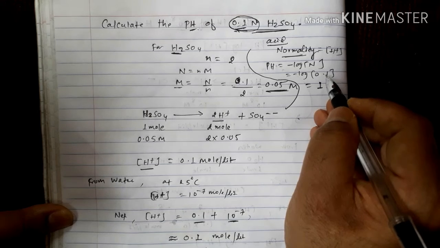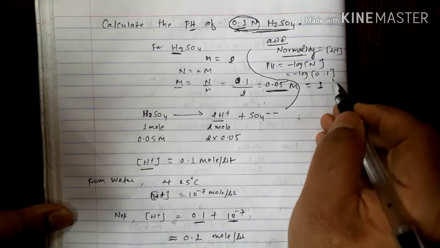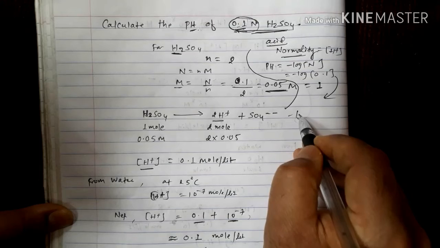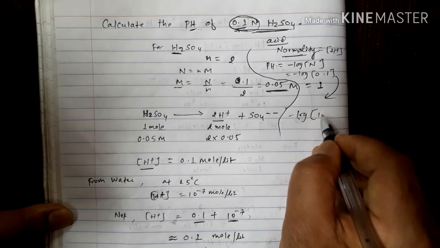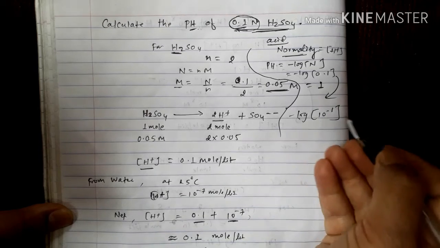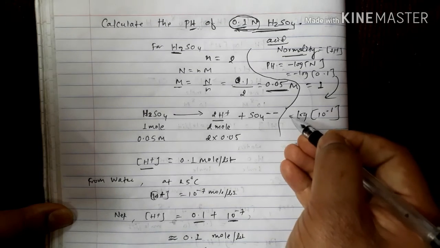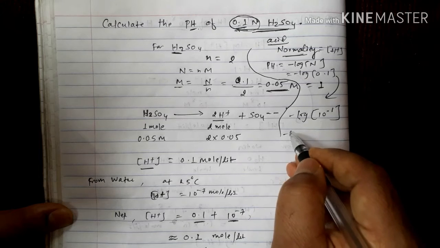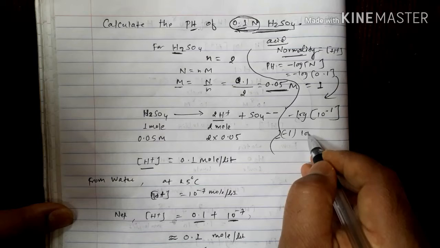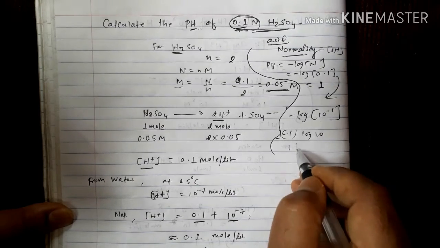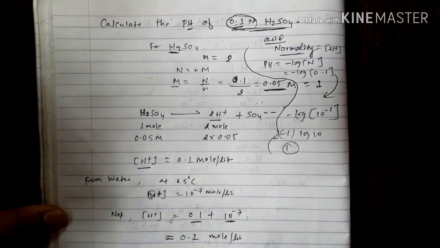Again, you do not need to use a calculator, because here you can write 0.1 as 10 to minus 1. This minus 1 comes out as minus 1 into minus, and log 10 is 1, so the pH is 1.